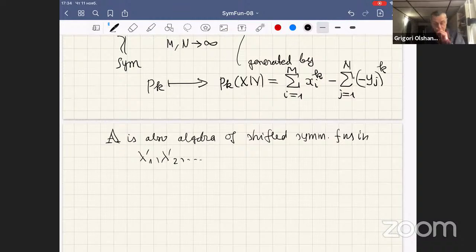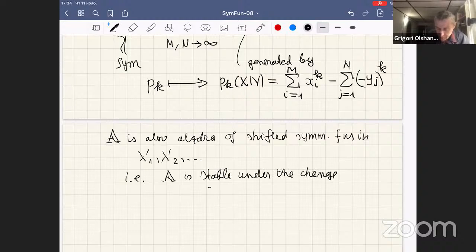Namely, what I would like to say is that A is stable under the change of variables. If you replace lambda by lambda transpose, we get the same algebra of functions. Why?